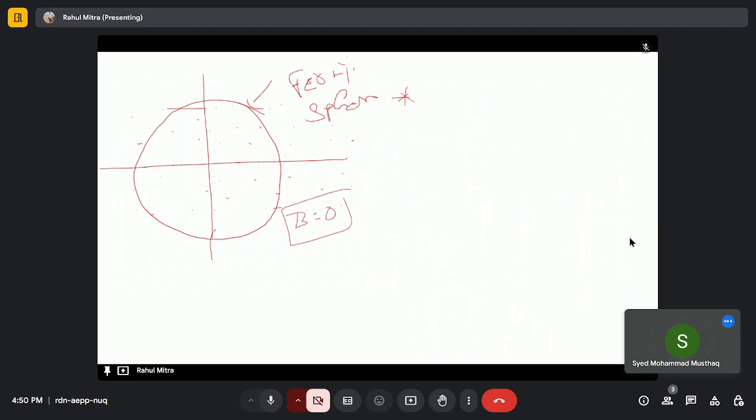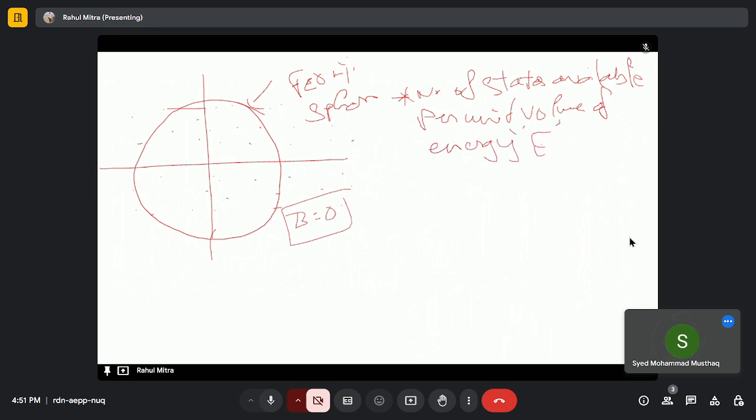Number of states available per unit volume of energy E, right?